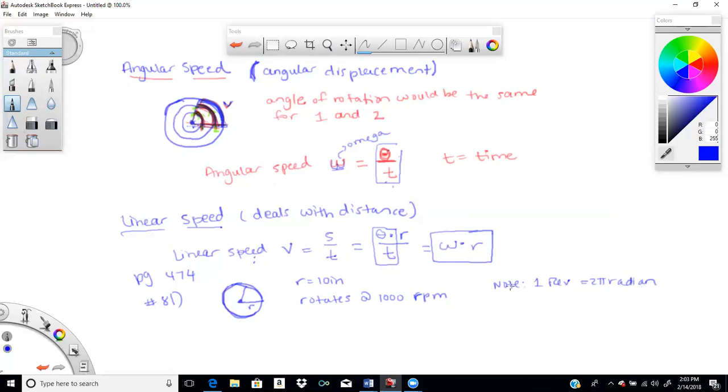It says to find the angular speed of a tooth of the blade in radians per minute. So for A, we have to find the angular speed in radians per minute.